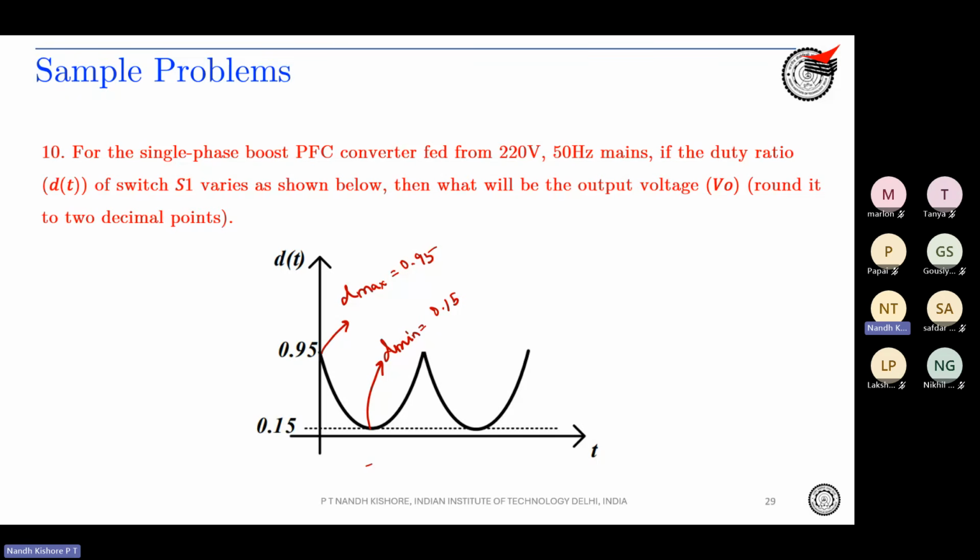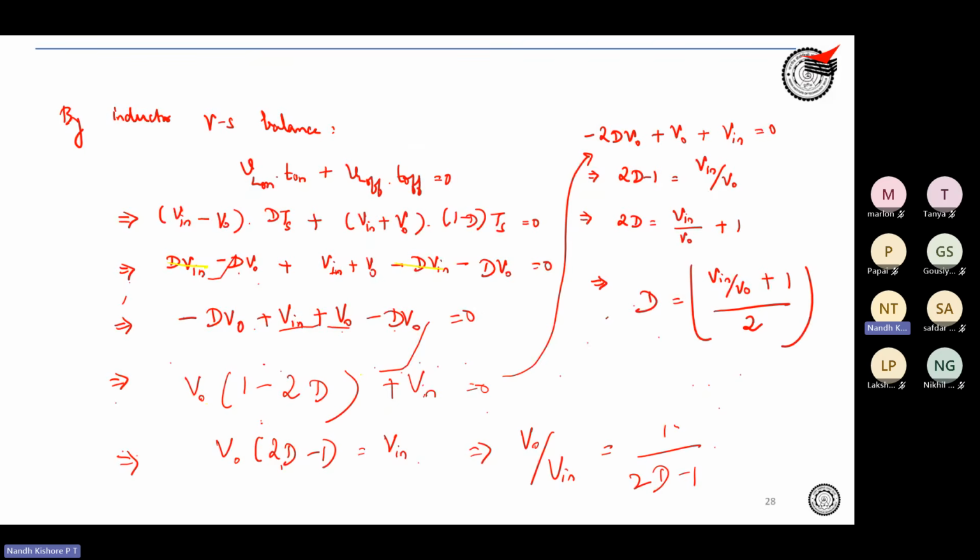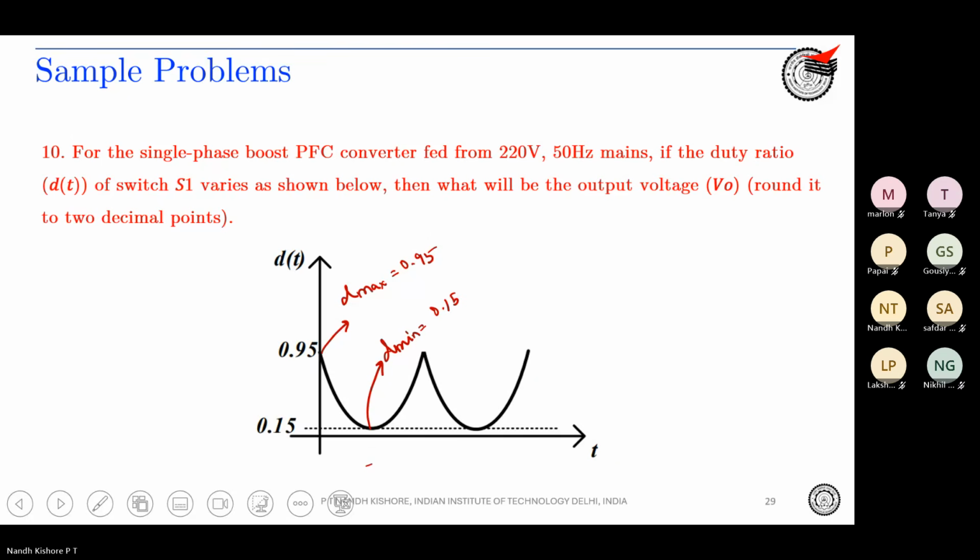So you take any one point and you find out. Correspondingly, if you draw the input voltage, so your duty varies like this.